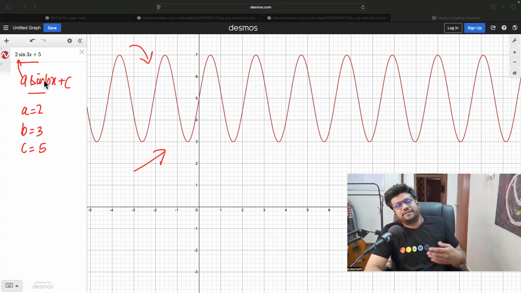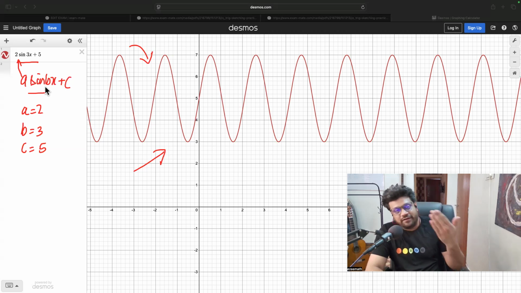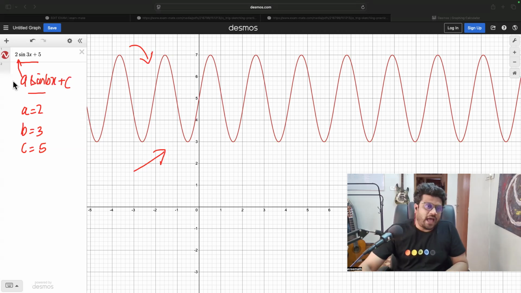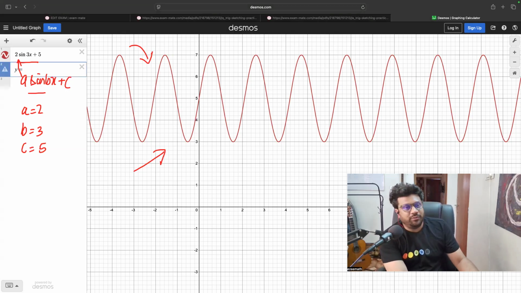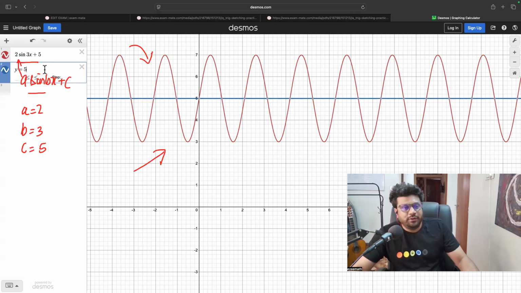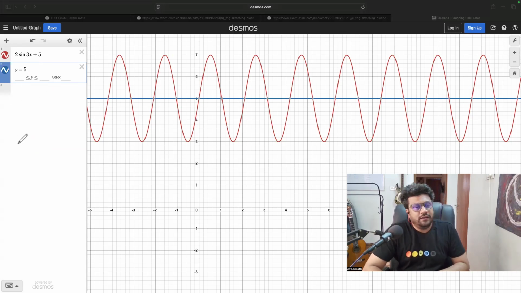What I want you to notice are a few things that we will use to sketch the curves when they're given to us. The first thing I would like you to see is the line y equal to 5. Look at that blue line. I'm going to write the values of a, b, and c first. a is 2, b is 3, c is 5.